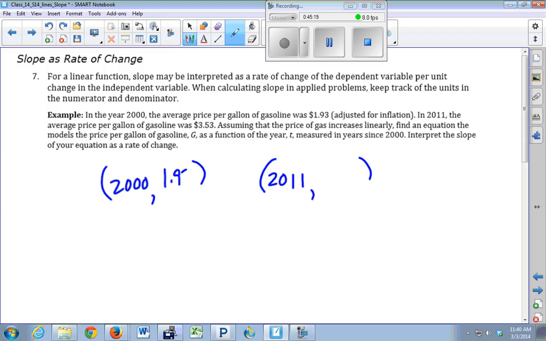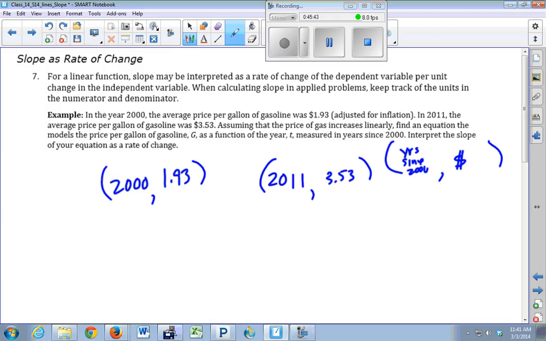And it was $1.93 in 2000, and it was $3.53 here. The other thing that I often do is write, without any specific numbers, the units for each of my variables. So I put here years since 2000 and dollars, because those are the units for my 2 variables.